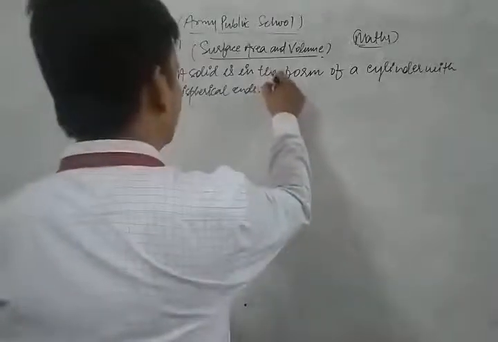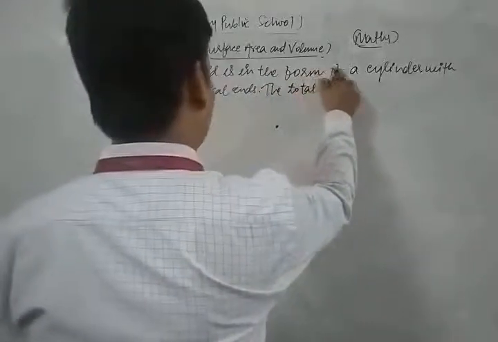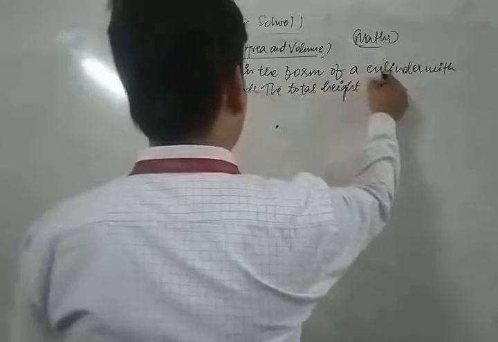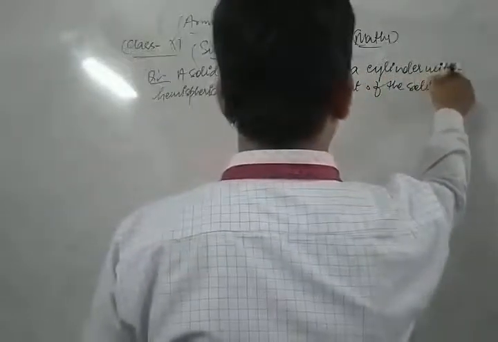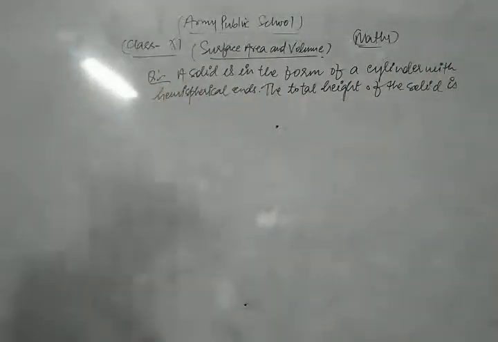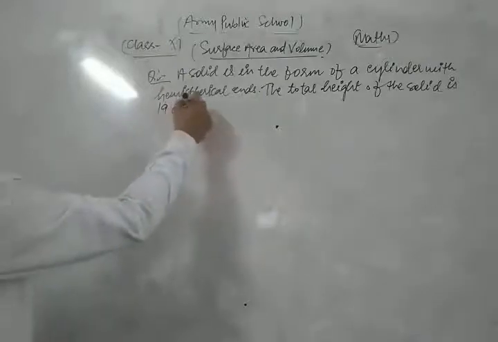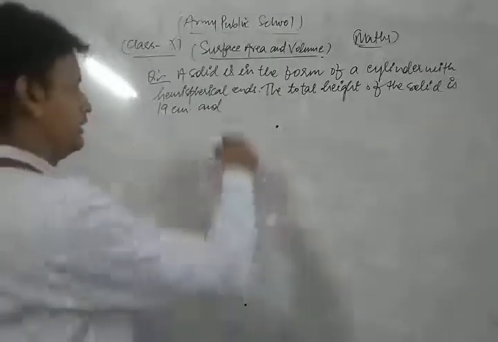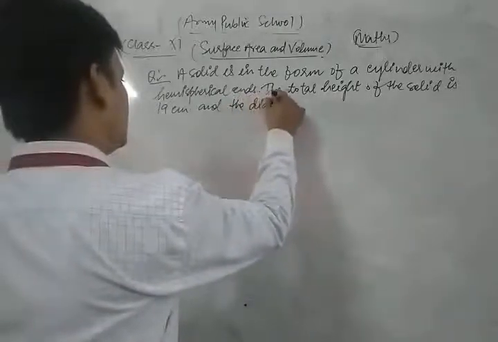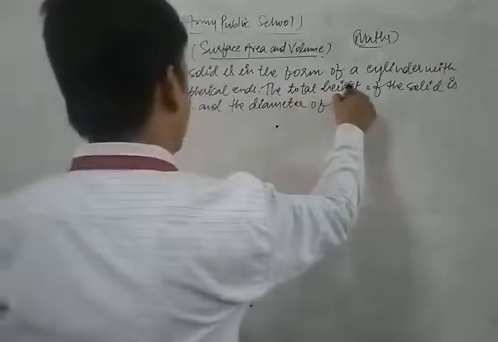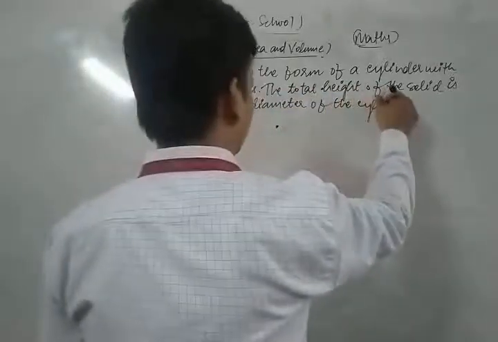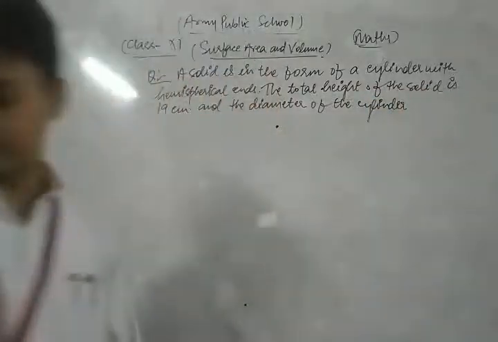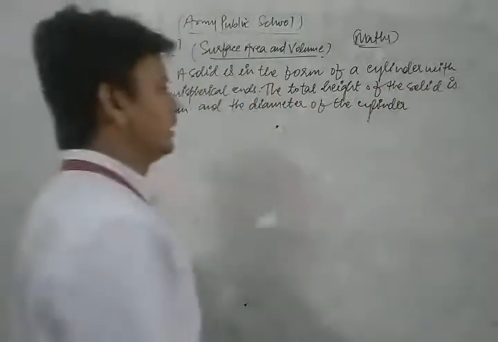The total height of the solid is 19 centimeter and the diameter of the cylinder is 7 centimeter.